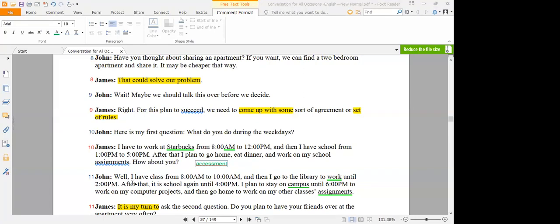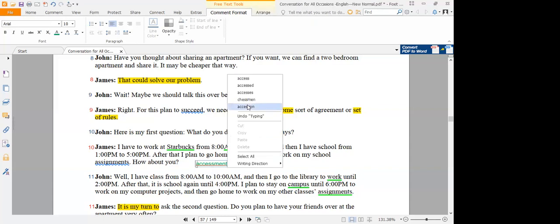Make sure that I tell you guys the right thing. Because I heard assessment. Okay, assessment is an evaluation, okay? Assess. It's not accessibility. Assessment.